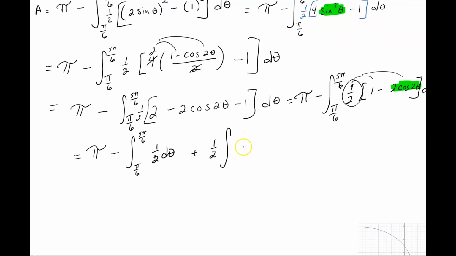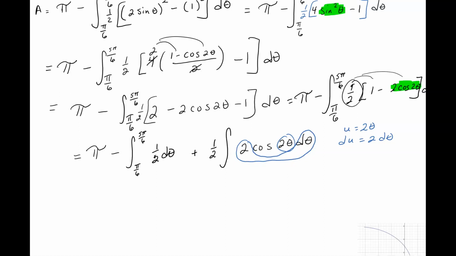So I'm going to have 2 cosine of 2 theta d theta, and I'm going to say, okay, my u is 2 theta. So my du is going to be 2 d theta, and I've already got the 2 d theta. That's why I didn't multiply by that 1/2. This will make it very nice to integrate.